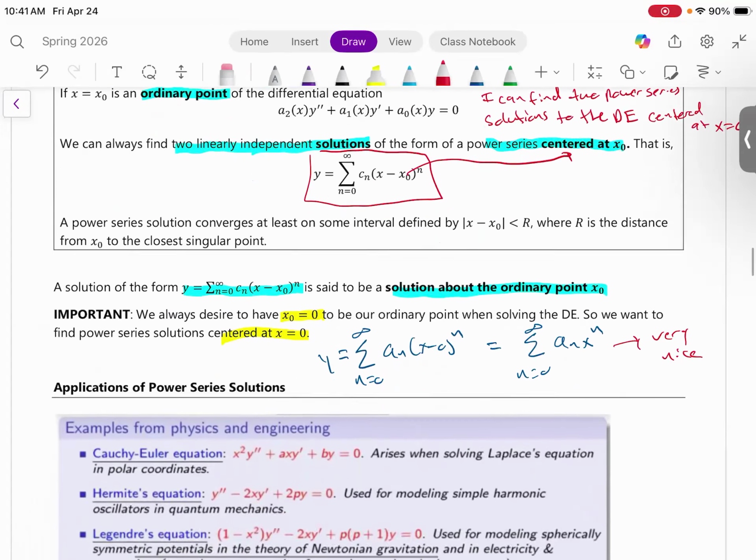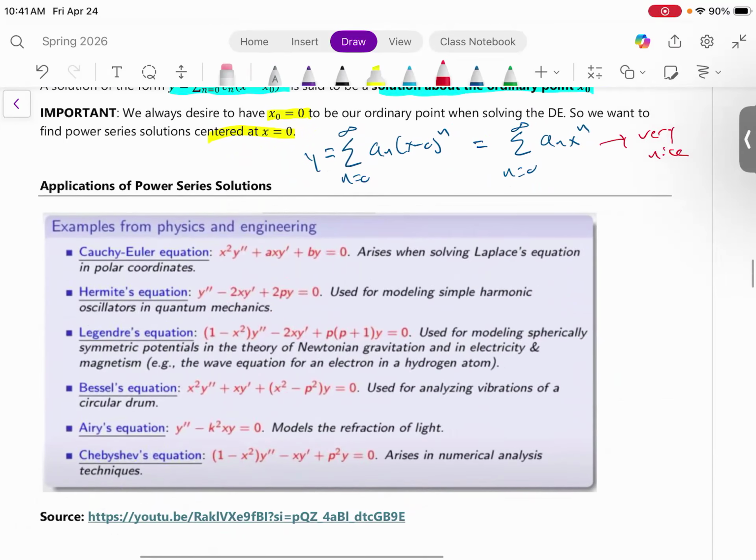Let's look at a couple of applications of power series to second order, non-constant coefficient differential equations. We have the Cauchy-Euler equation, which looks familiar to what we learned previously. We had the Cauchy-Euler method, but here we can solve it with power series solutions if we want.